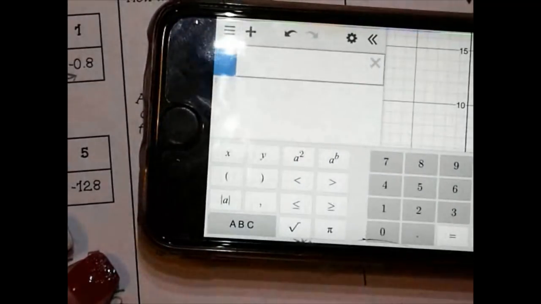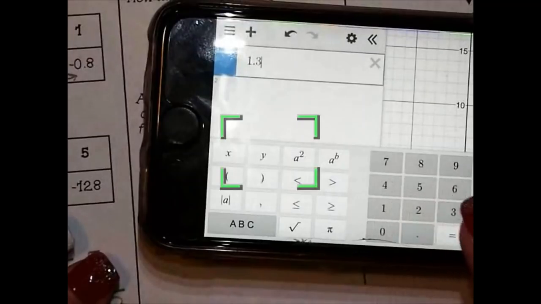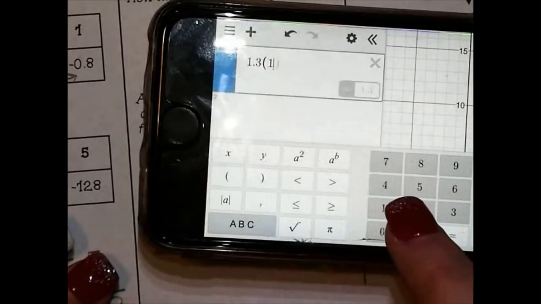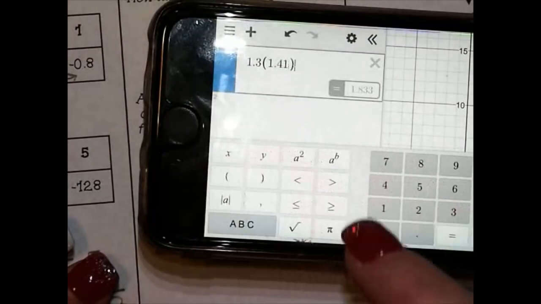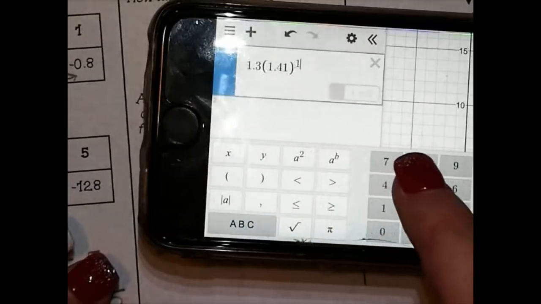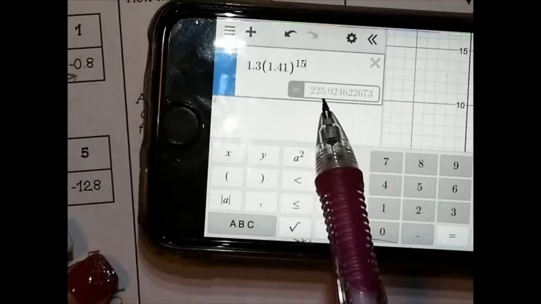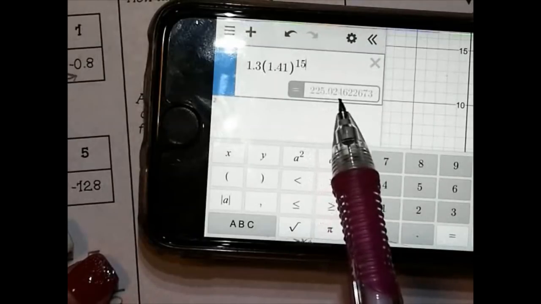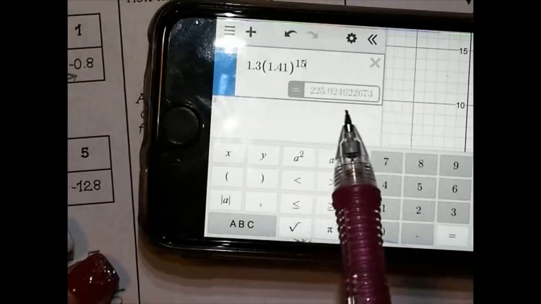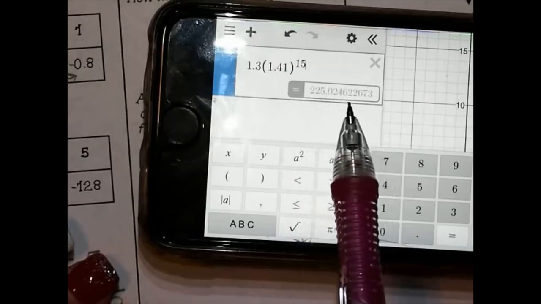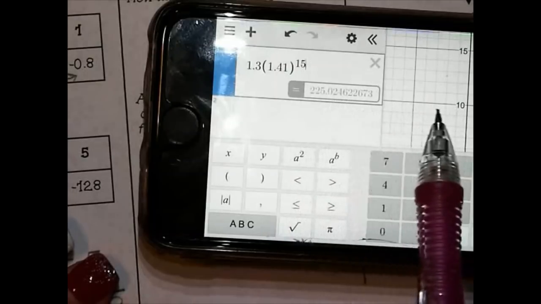So let's look at that on Desmos again. 1.3 times 1.41, close parentheses, to the 15th power. You see that gray number right there? We're talking about 225.02 inches per minute. For these exponential functions, you're going to expect the decimals to go on quite a bit.